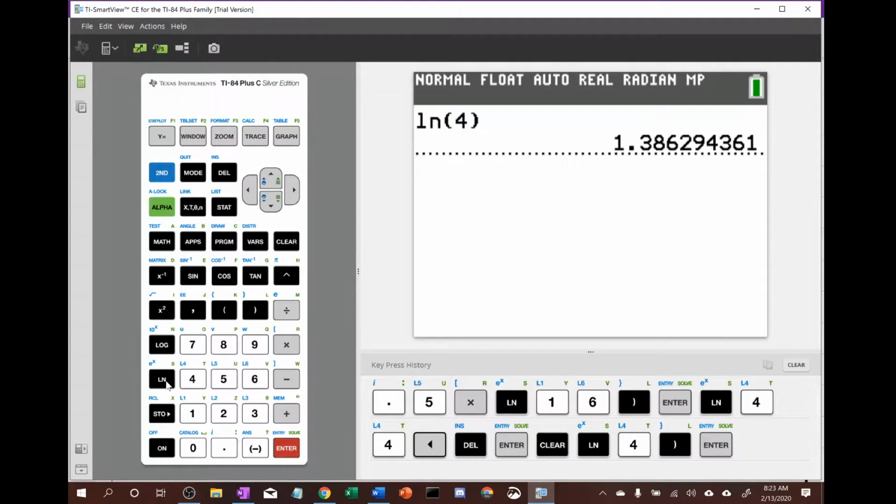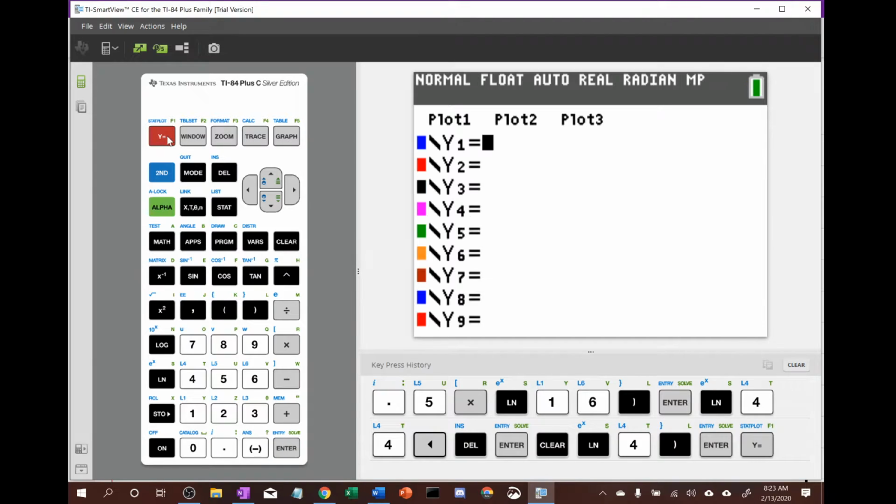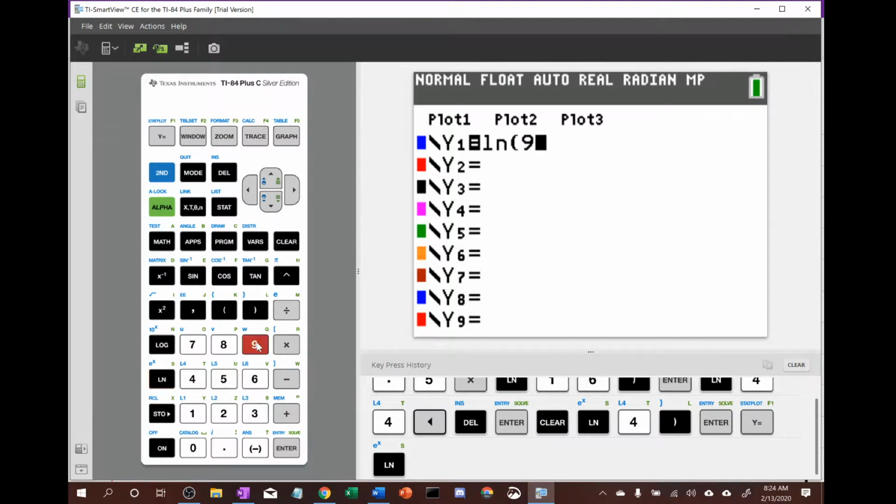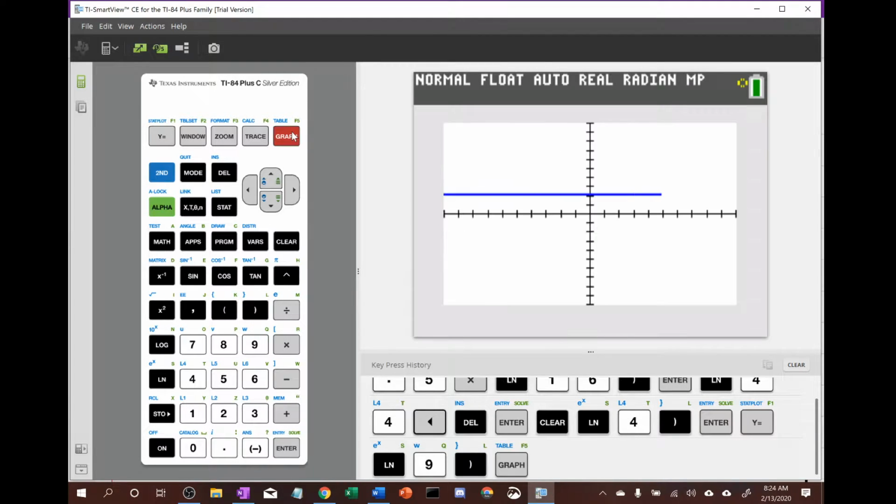All right, so the point that we're trying to learn right now is that when you hit ln and then you put in a number, the result is a number. Let's go to y equals. Let's hit this ln key. Okay, ln. And now type just any number. All right? 9. And then hit graph.